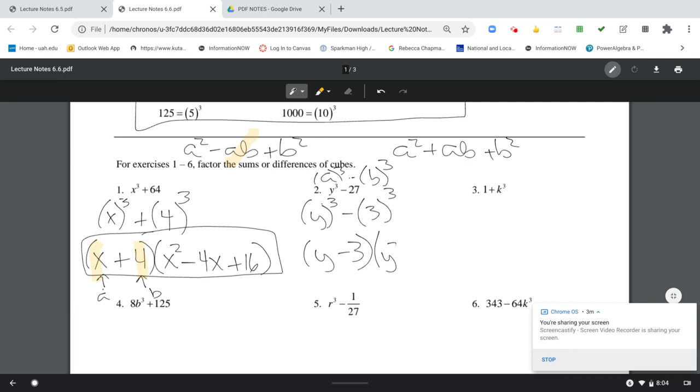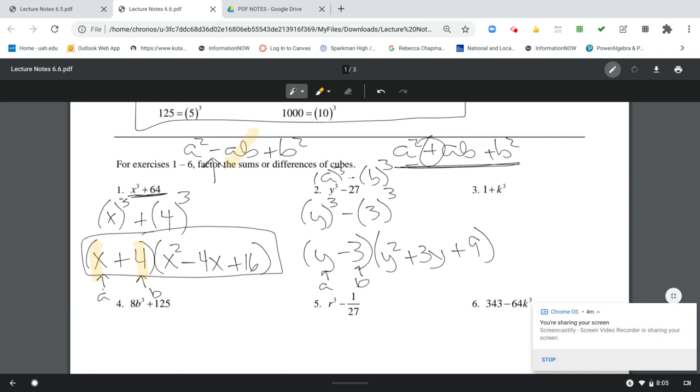So I would have y squared, remember this is a, this is b, y is a, 3 is b. I would have plus 3y plus 9. This sign does not change. If you are factoring a sum of cubes, the binomial factor has that plus sign. For a difference of cubes, the binomial factor always has the opposite of what the original problem was. So please pay very close attention to that.